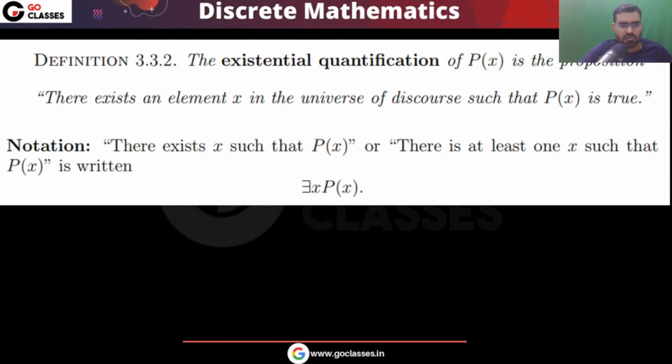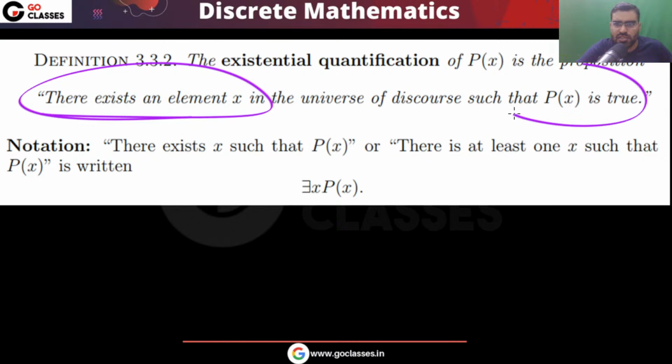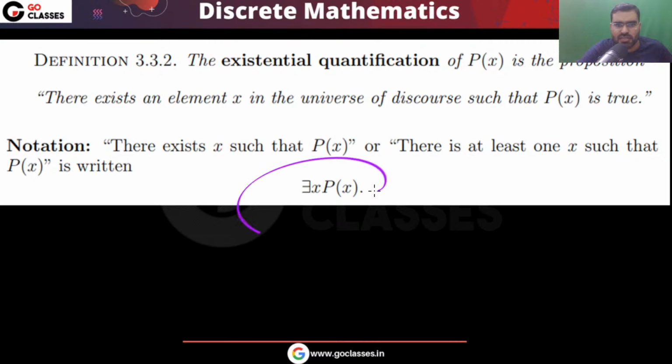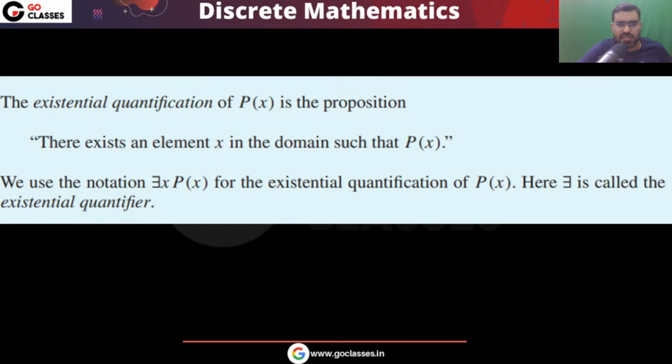Now let's move on. So this is clear to everyone. What is existential quantification? Existential quantification means there exists an element, there is at least one element, for which this P(x) is true. For at least one person, this P(x) must be true. Let's consider the next.